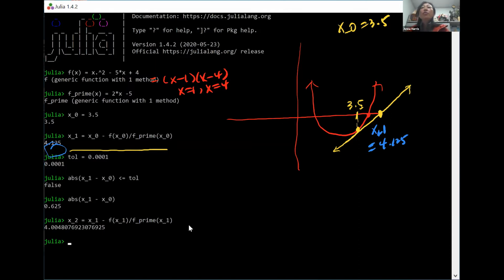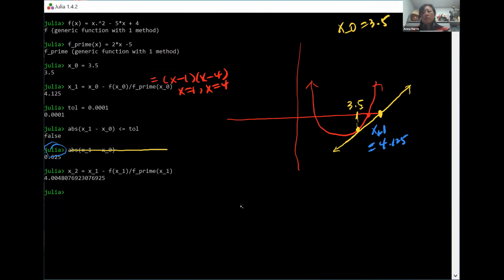All right, so I found my new iteration, and it says I got this number right here, 4.25.